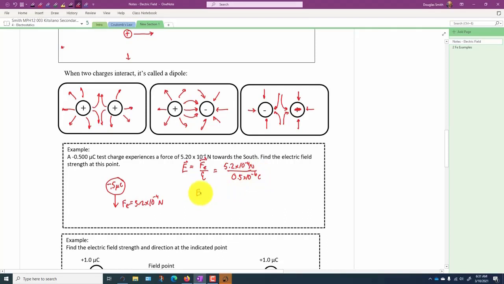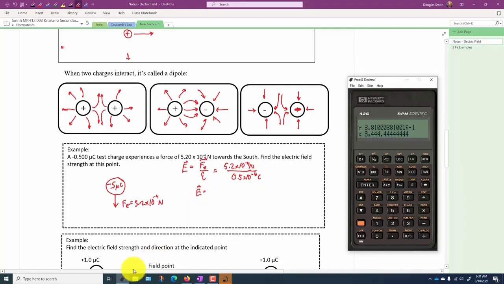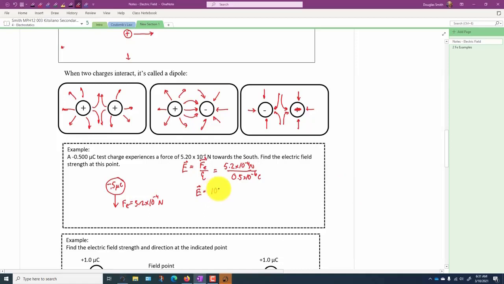So the electric field vector is 5.2 e to the negative 4 divided by 0.5 e to the negative 6. I get 1040 newtons per coulomb.